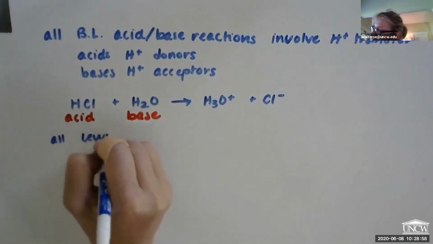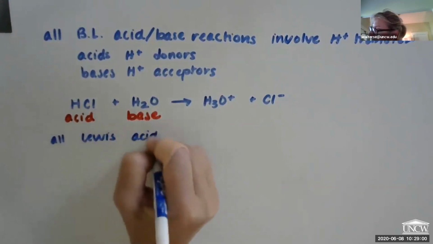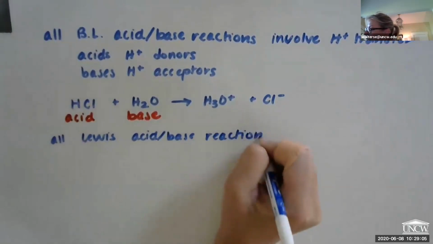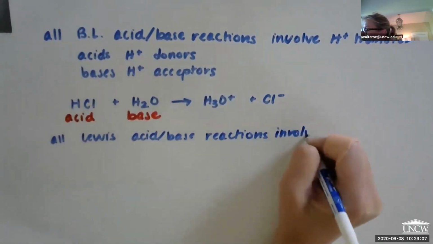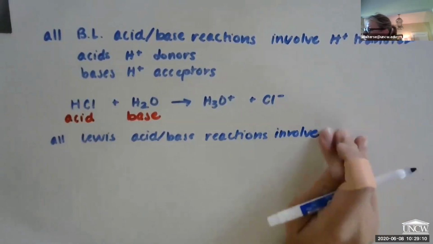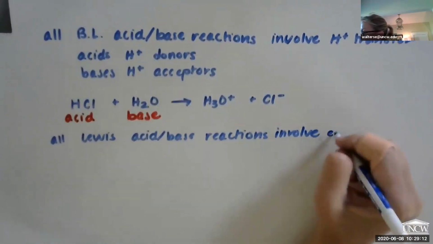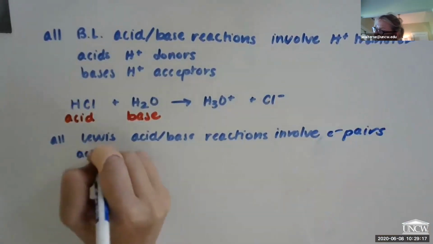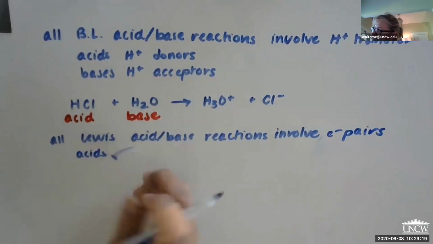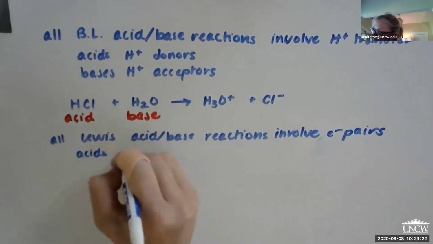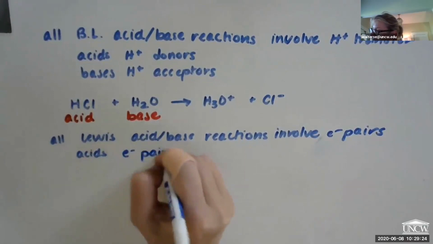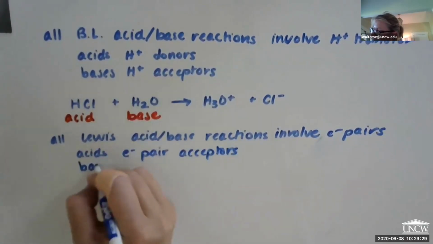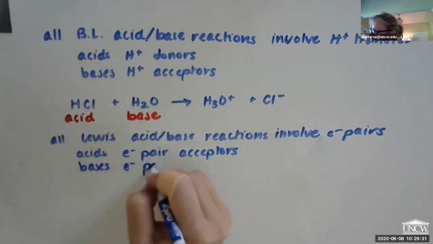All Lewis acid and base reactions involve electron pairs. The acids are electron pair acceptors, and the Lewis bases are electron pair donors.